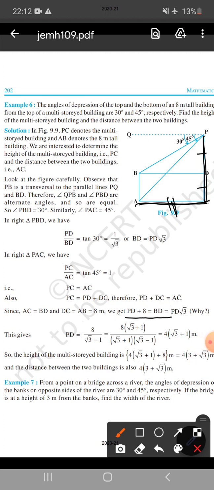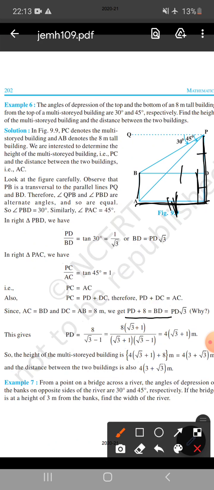So why is that? Because this PD plus 8 is the height of the building. Since AB is equal to DC, therefore PD plus 8 will be equal to this BD. Why? Because BD was equal to AC and AC was equal to PC, which is equal to PD root 3.